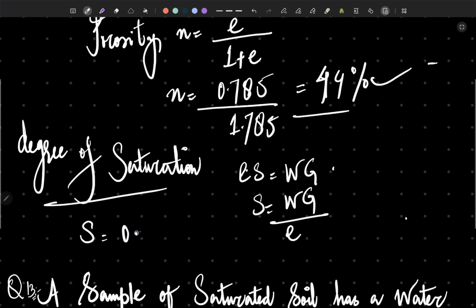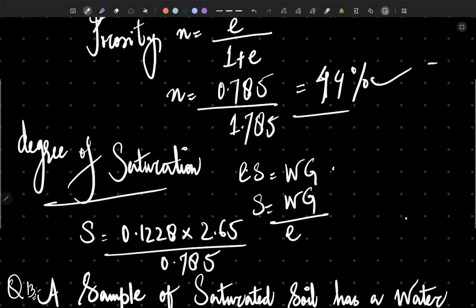That means 0.1228 multiplied by G, 2.65, divided by e, 0.785. By calculation, the degree of saturation is equal to 41.45%.